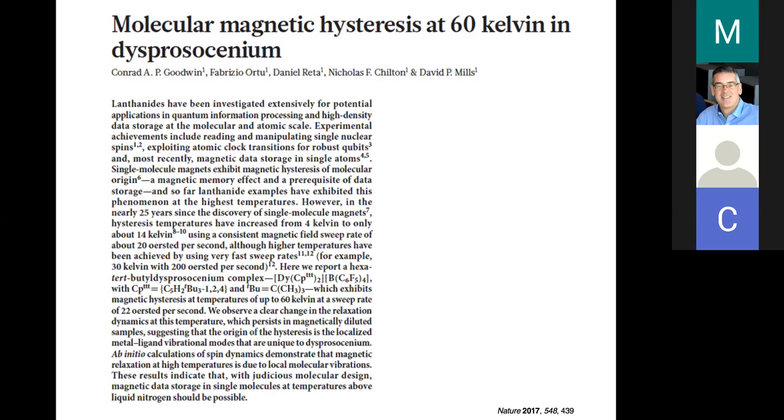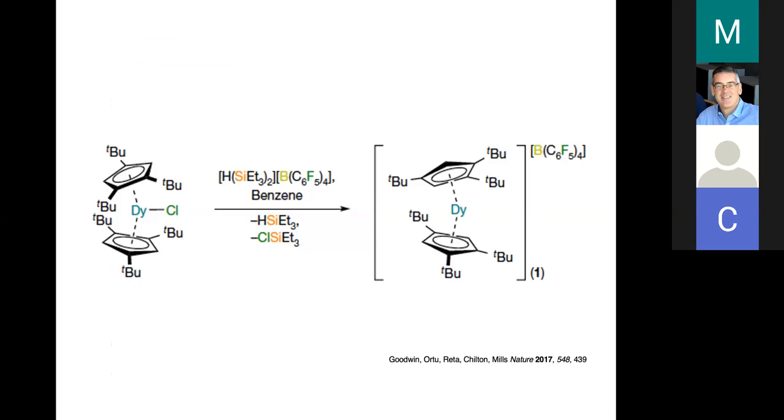So here's the molecule. And what they did is they developed a way of using a silyl species to abstract a chloride. And the key was, if you have these rather bulky substituents on two cyclopentadiene ligands, then they could support just having those two ligands on the metal, so long as the counter anion is not coordinating.